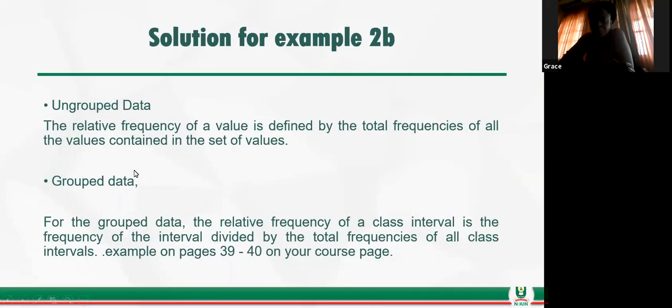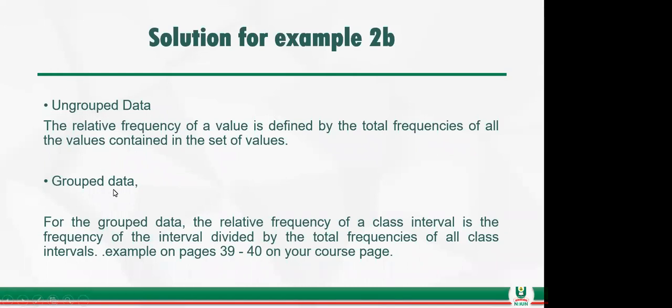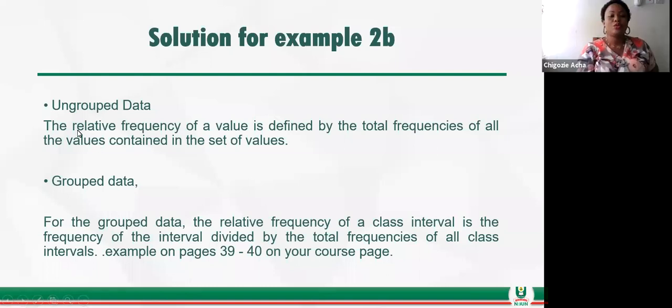Now you're also expected under Unit 3 to know the definitions of grouped data and ungrouped data. If you are asked to differentiate between the two, you define ungrouped data as the relative frequency of a value, where you use the total frequencies of all the values contained in the set of values. I take that again.